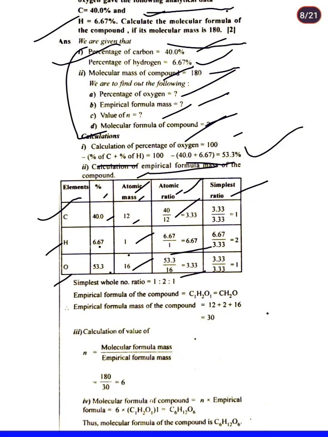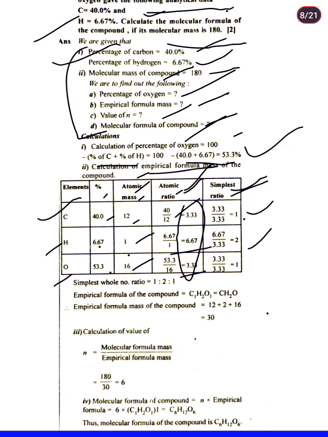Now the simplest ratio: all the ratios from the last step are divided by the smallest ratio, 3.33, and we will get the values 1, 2 and 1.